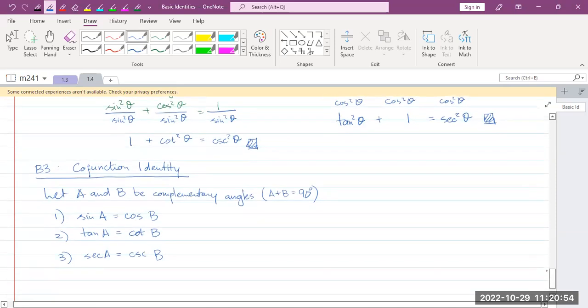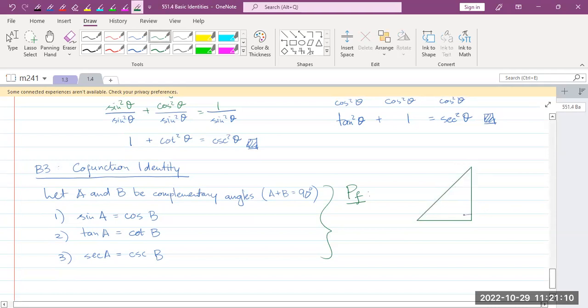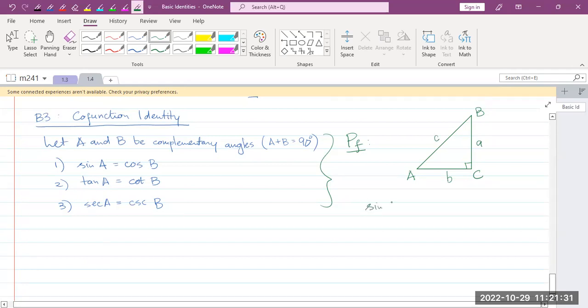Okay, now the proof can easily be seen by looking at a right triangle, with the right angle at C. Let's say this is angle A and this is angle B. The side opposite angle A is lowercase a, this is lowercase b, this is lowercase c. Now, notice that sine A is equal to a over c. But this a over c is actually also cosine of B, right? From the same triangle.